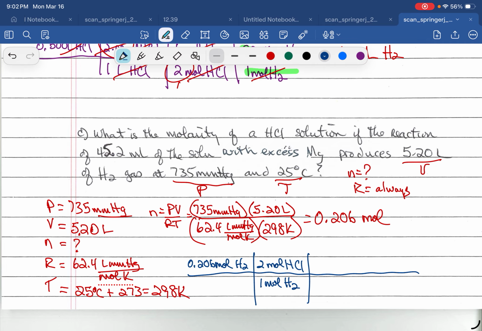And I know that there are 45.2 milliliters, which would be 0.0452 liters. I'm going to go ahead and put that in the denominator. Right, because if I stop here, I've got moles of HCl per liter. Moles HCl per liter of HCl would be molarity of HCl.